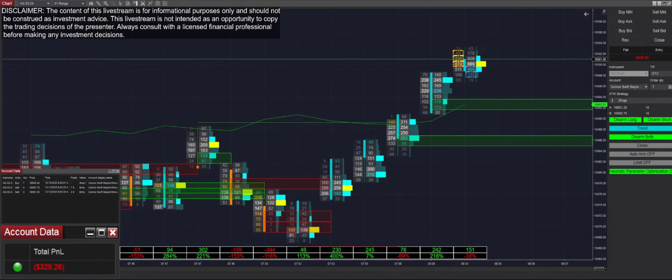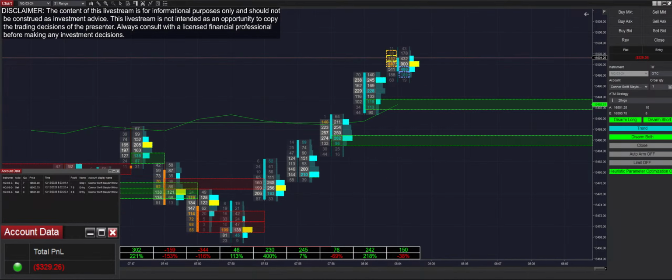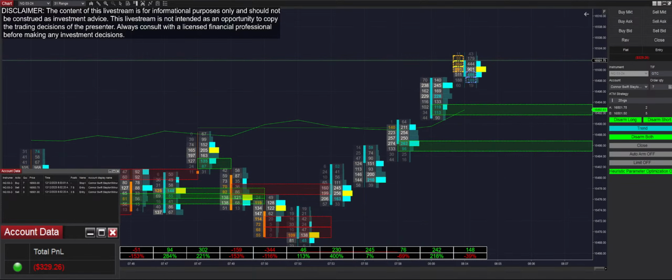Also, guys, gotta show my executions window here so you can see my execution log. Doesn't look like the market's moving too fast today, but we'll see.